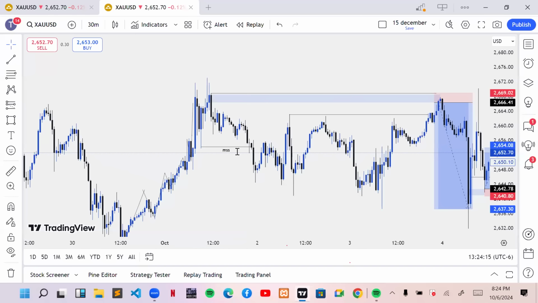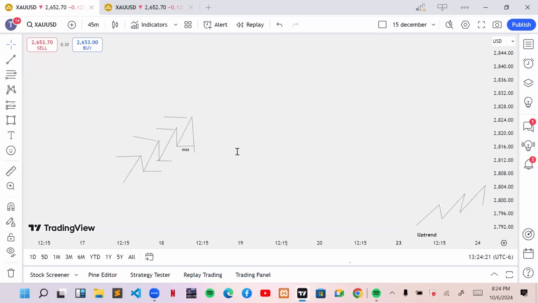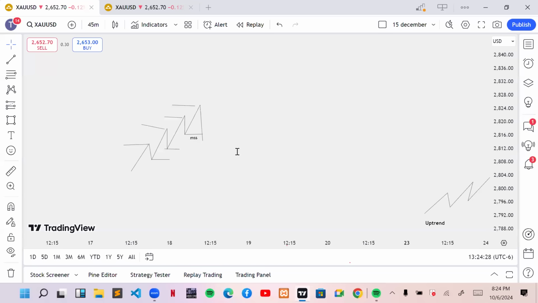This is the same as what I marked out here. The market was on an uptrend, higher highs, higher lows, and then broke the last low and made a lower low. This has already turned the market from a previous uptrend to a downtrend. That is market structure shift.